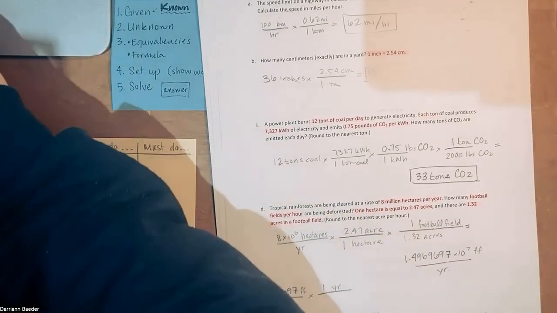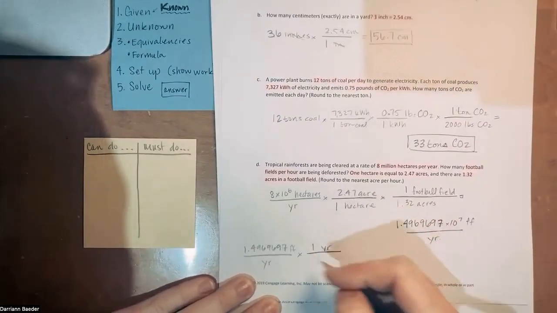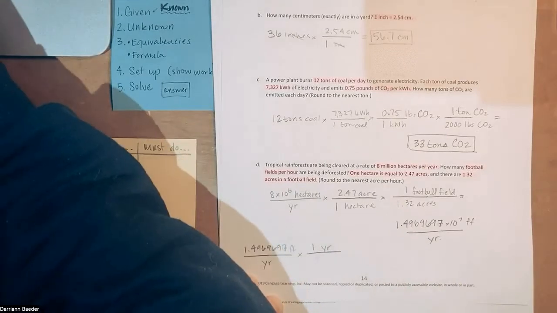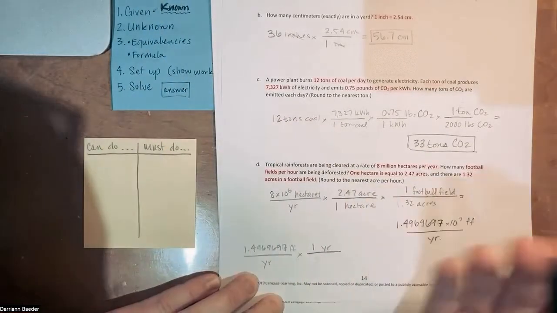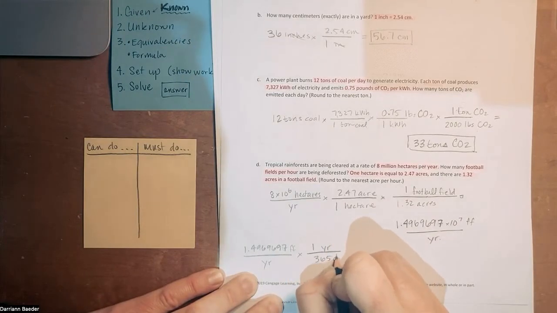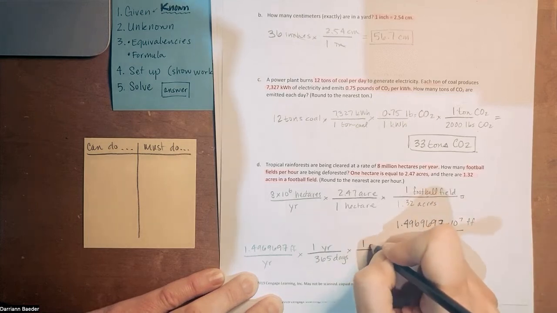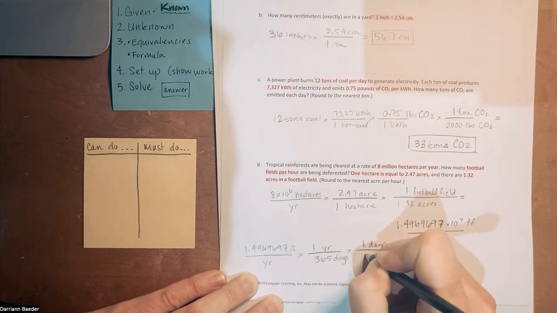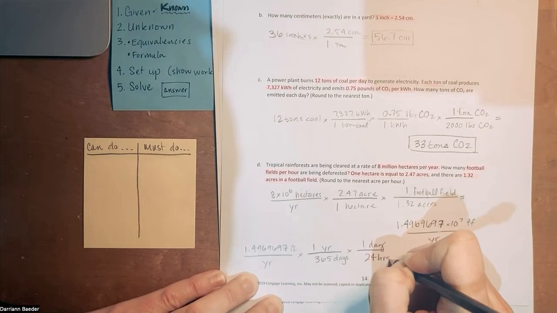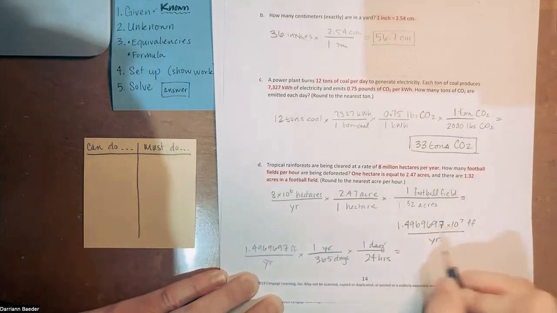The answer on mine is actually set up with weeks. But like I said, it's your choice. You can do 365 days. Easiest, I think. And then 1 day is 24 hours. So bing, bing, bing, and then we got football fields per hour.